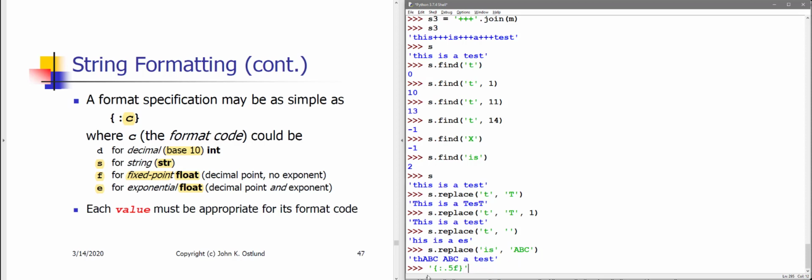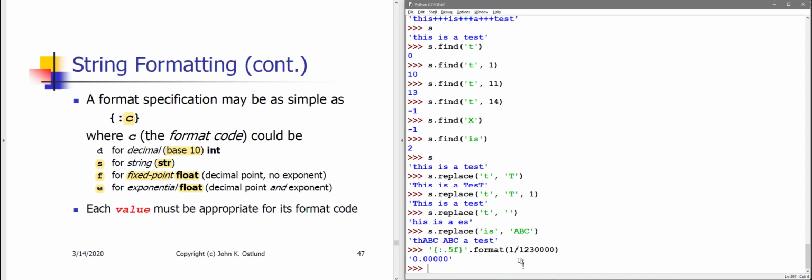I'm just going to say colon .5 F. That means that I'm going to display 5 characters after the decimal point for this floating point number. Now the value that I want to format is going to be 1 over 1,230,000.